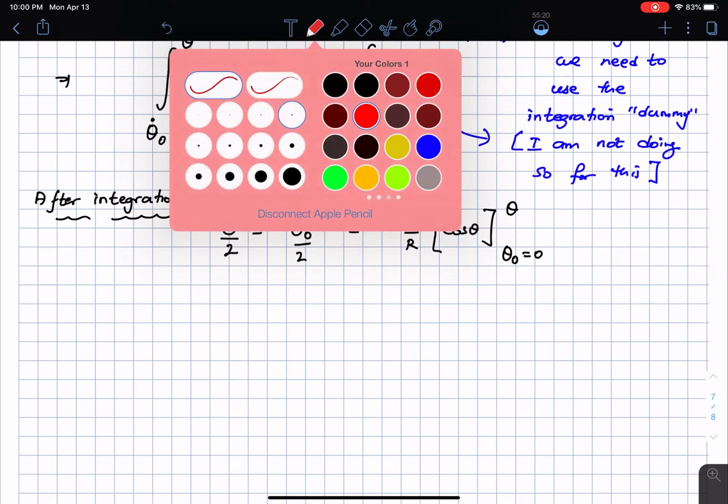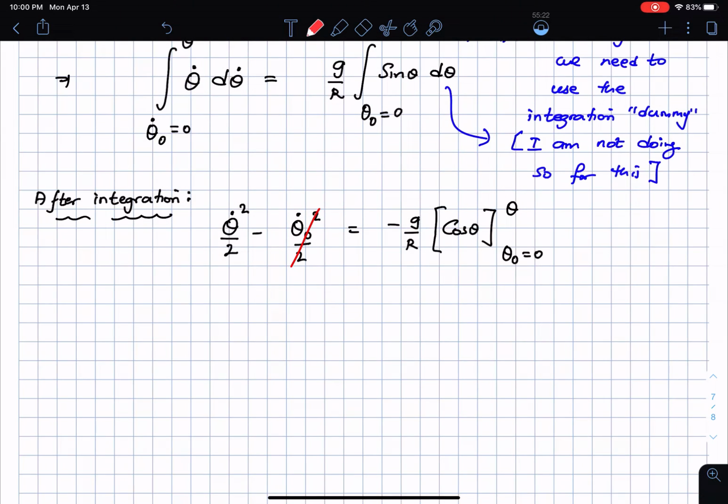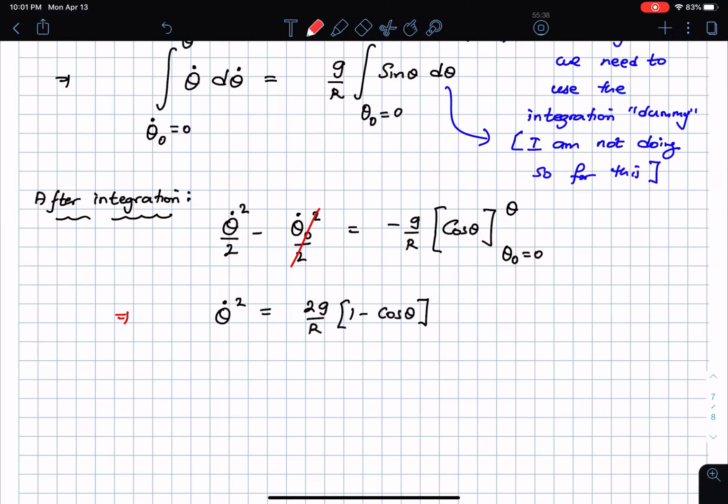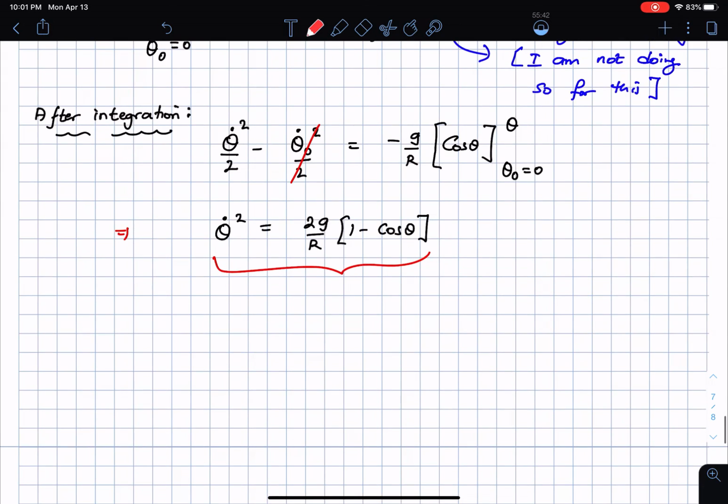I can get rid of some of these terms, and after shifting the terms, theta dot square is 2g by r times one minus cosine theta. This is what I end up getting after the integration has been done. Now back to our problem.